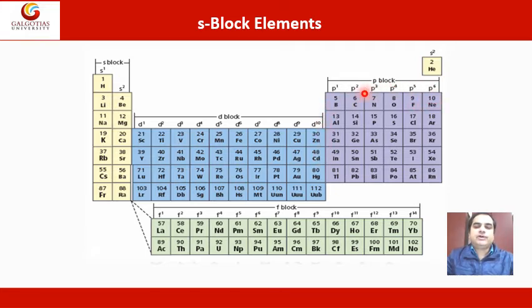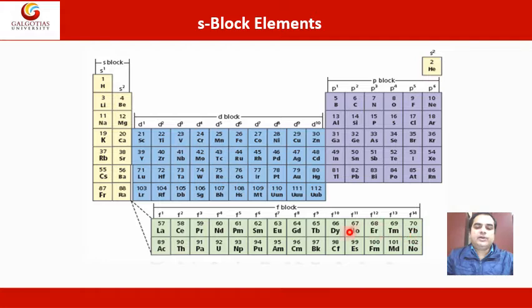These are mainly referred to as P block elements, which consist of metals, metalloids, and non-metals. In the last two rows, starting from lanthanum and actinium, are the lanthanide series and actinide series, also referred to as F block elements.